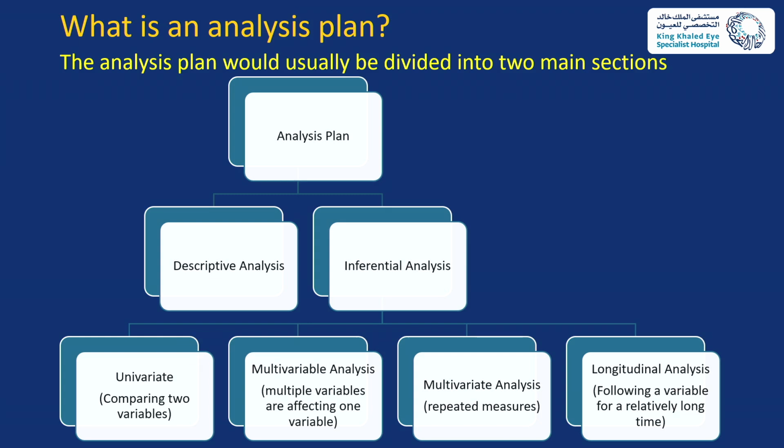So we start our plan with the descriptive analysis and go to the inferential. The descriptive simply is you describe your data: the mean age of the sample was so, how many male, how many female, and so on. The inferential will go through 4 different stages. You may need only one stage, you may need 2, you may end up using them all.